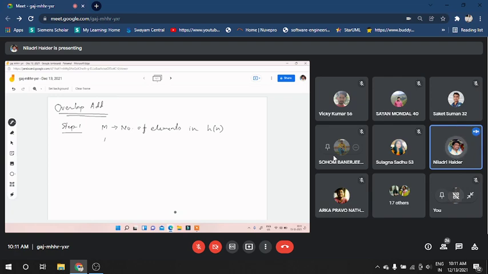Next, you have to check L, that is the padded zeros. And next is N. N defines the number of samples or block size.